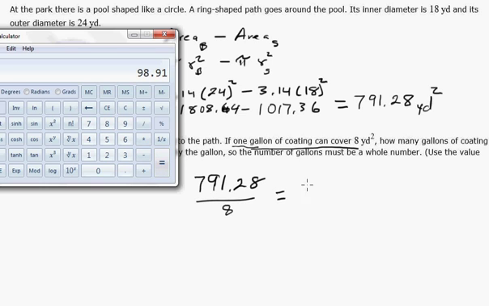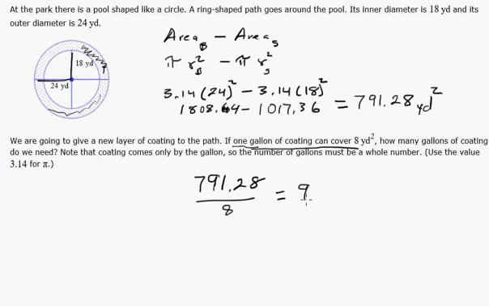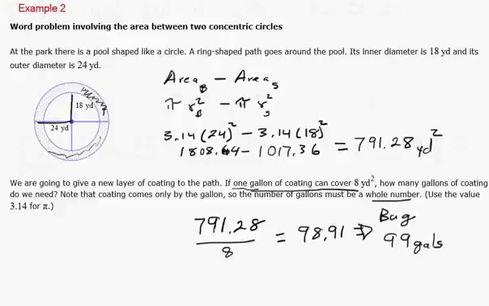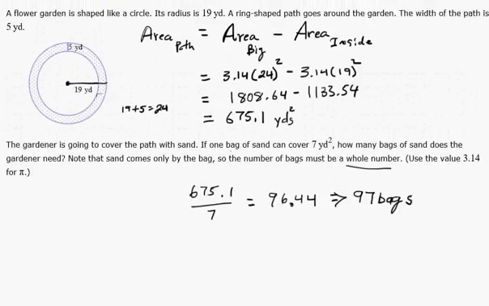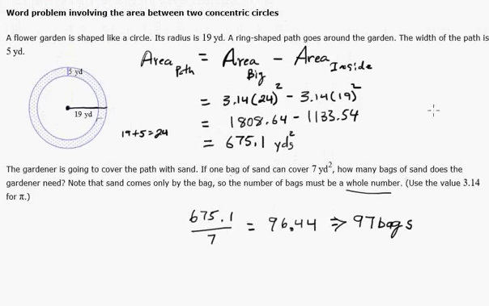So we get 98.91. What that means is we need to buy 99 gallons of paint, because we want to round to whole numbers, to cover this sidewalk around the pool. So there are 2 examples of how to do this kind of path problem. Good luck.